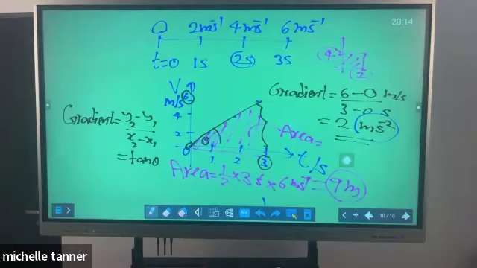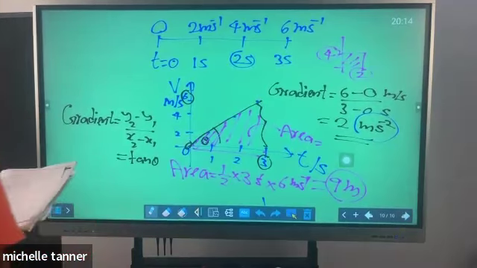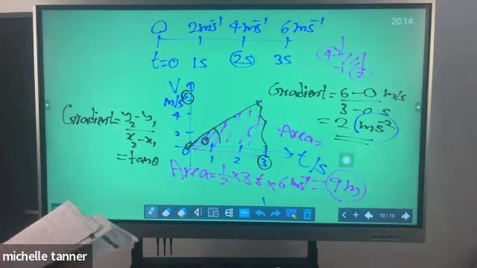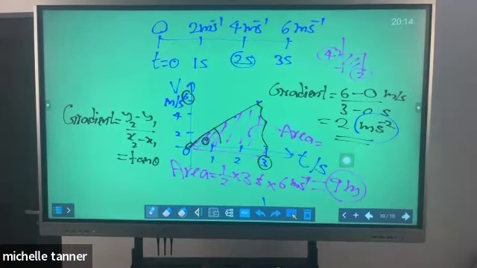Write down the next rule. The area covered by the graph in a velocity time graph represents the displacement of an object.